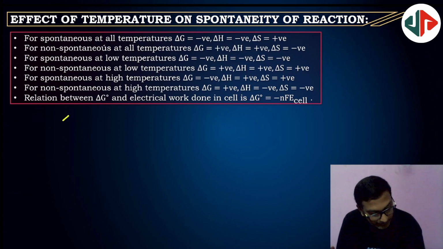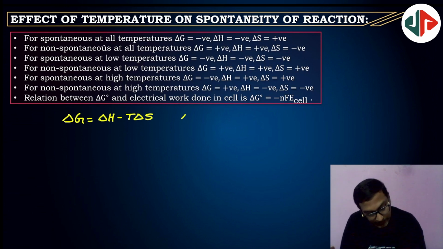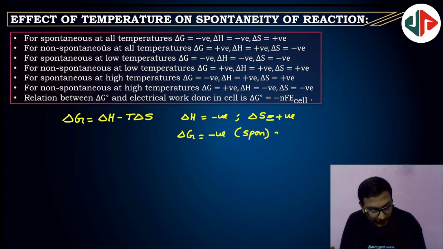Simply, I will write here delta G equals delta H minus T delta S. So if delta H is negative and delta S is positive, then delta G becomes negative, that is spontaneous at all temperatures.